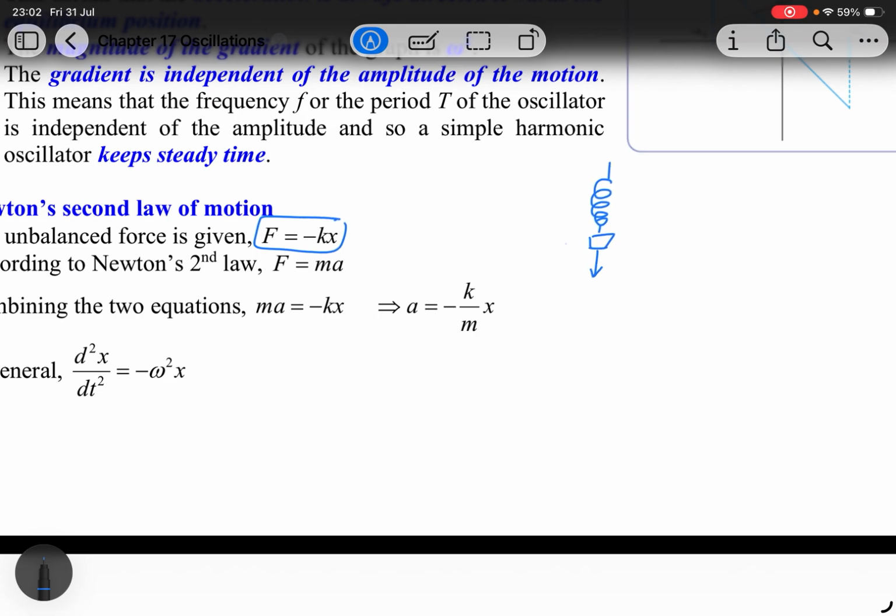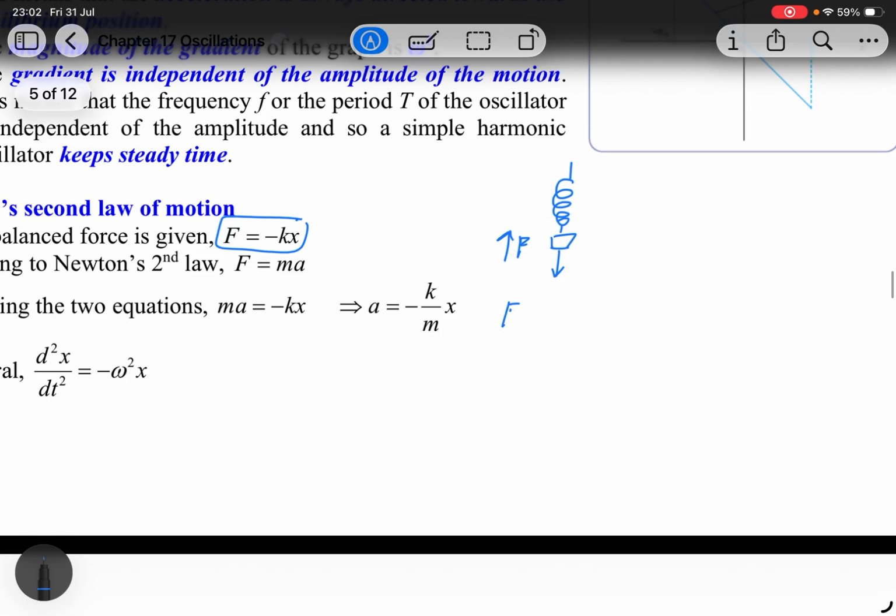When I pull it downwards, there's a force acting upwards. So F equals negative kx, because the force is in the opposite direction to displacement.